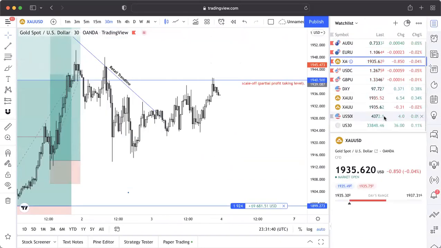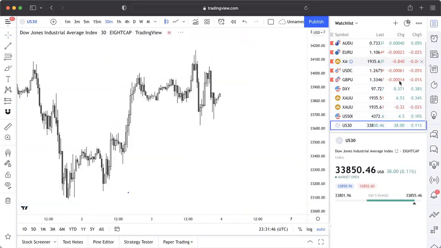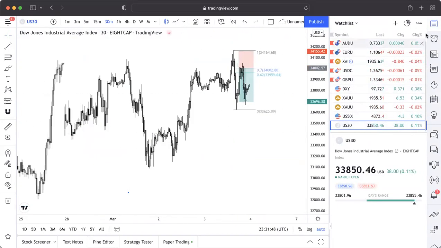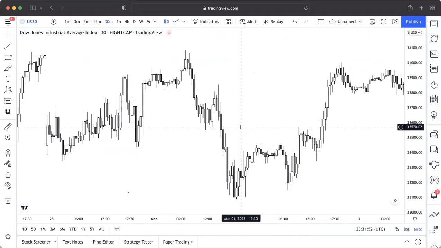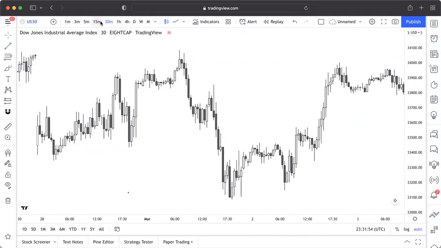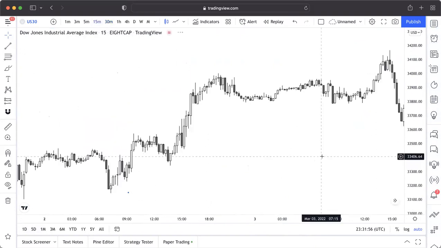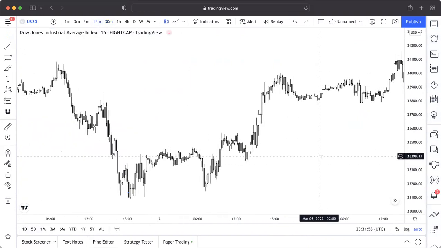So just a couple of examples. We had, I believe it was US30. Yeah, probably it was here. I think it was here.